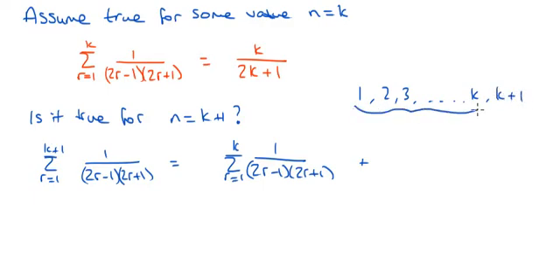So the sum of all of these would be the first k terms plus the k plus 1th term. So I can split this into the first k terms and then just plus the term after that. And the term after that will be just putting k plus 1 into here. So if we put k plus 1 into there, we're going to get 1 over 2 lots of k plus 1 take 1 times 2 lots of k plus 1 plus 1.